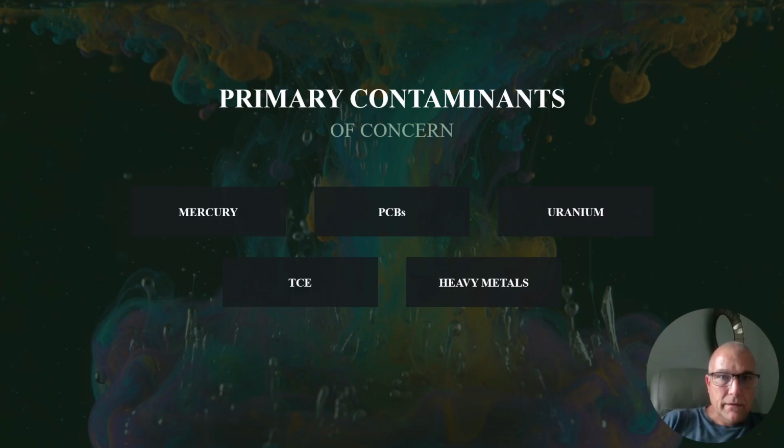Each contaminant behaves differently within the environment. Some migrate through groundwater while others accumulate in sediments and biological tissue. Understanding how these contaminants move through environmental systems is crucial for evaluating both ecological and human health risks. The remainder of the presentation will focus on how these contaminants affect environmental quality and public health.